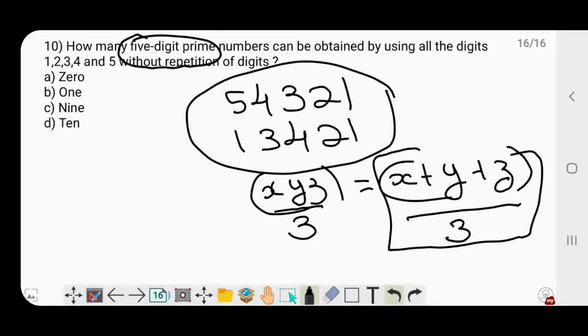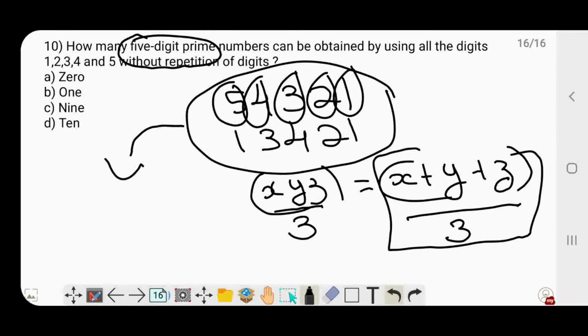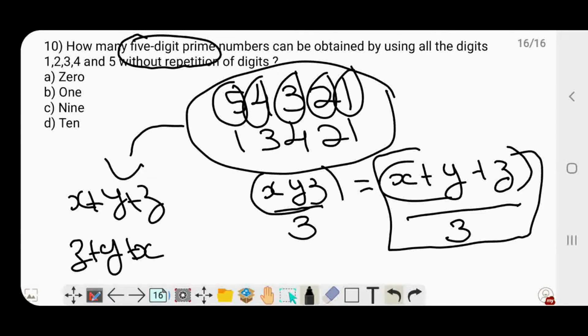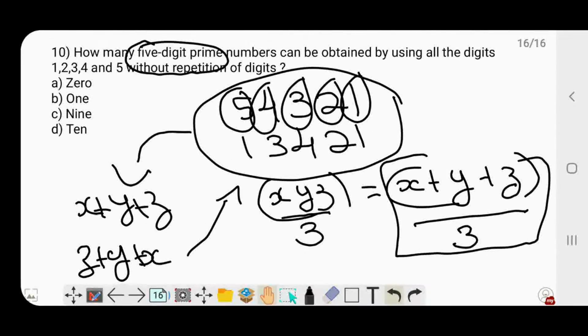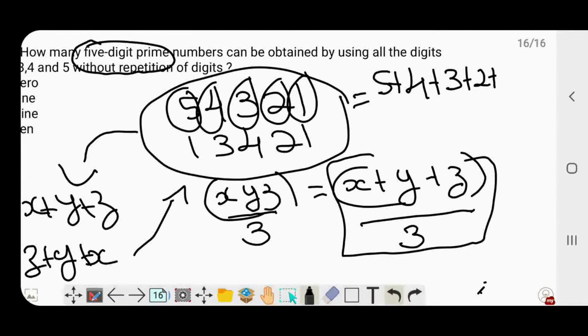However you arrange these 5 digits, the sum of the digits is the same. If I have zyx instead of xyz, then x plus y plus z is equal to z plus y plus x. It doesn't depend on the order of these 5 digits. So the sum of the digits here, 5 plus 4 plus 3 plus 2 plus 1, is equivalent to 15.